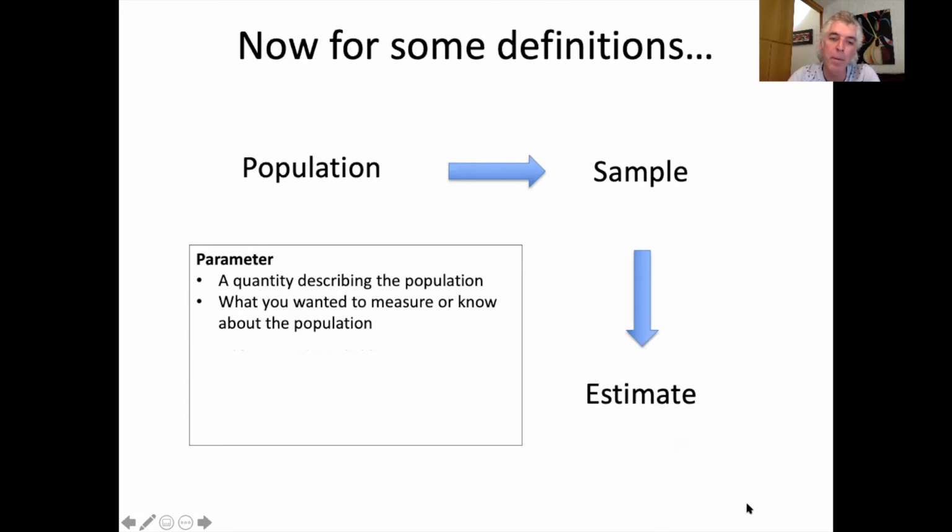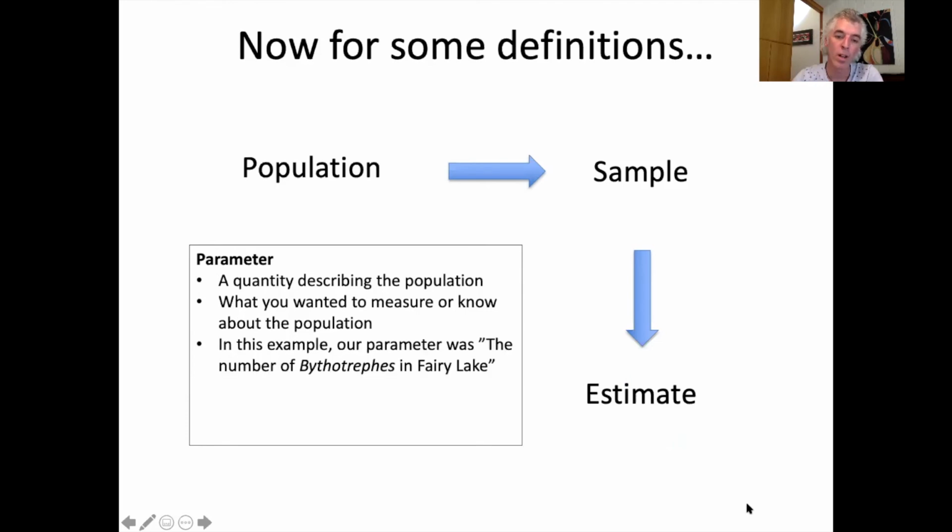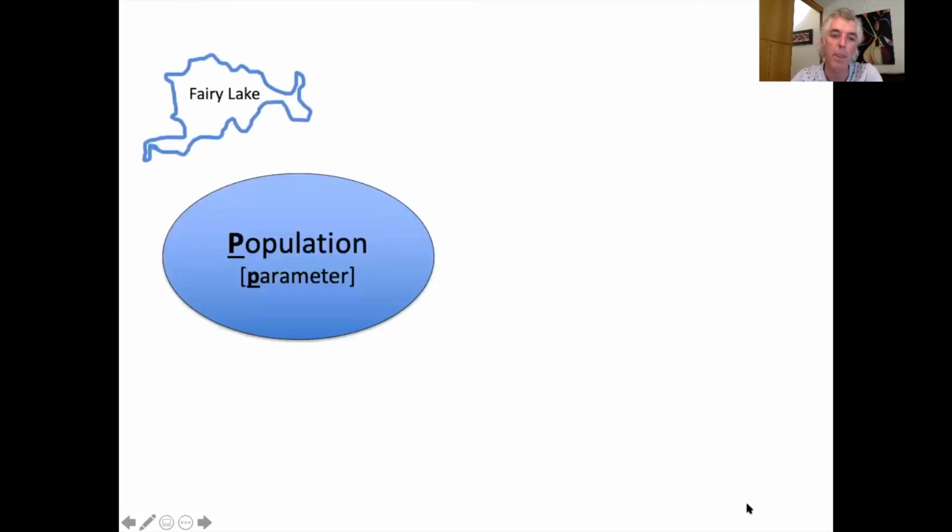The thing in the population that we want to draw conclusions about is referred to as the parameter. It's the quantity describing the population that you want to know about. So in this example, our parameter was the number of Bythotrephes in Fairy Lake, and this can never be known with certainty because we can't measure everything. So instead, we infer what that true parameter is from our estimate, which comes from the sample.